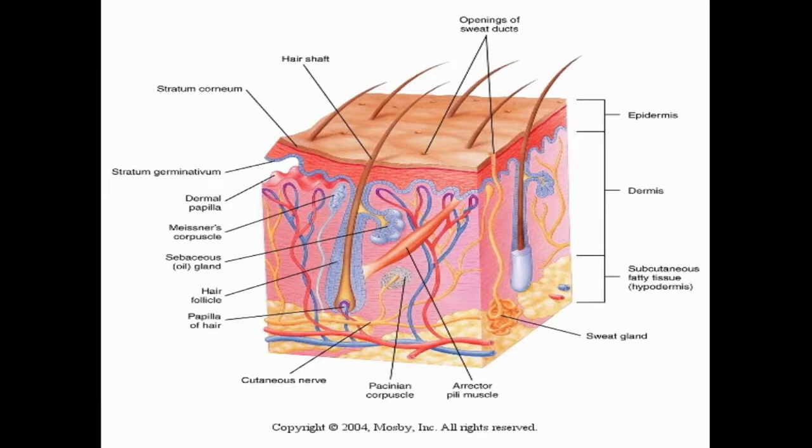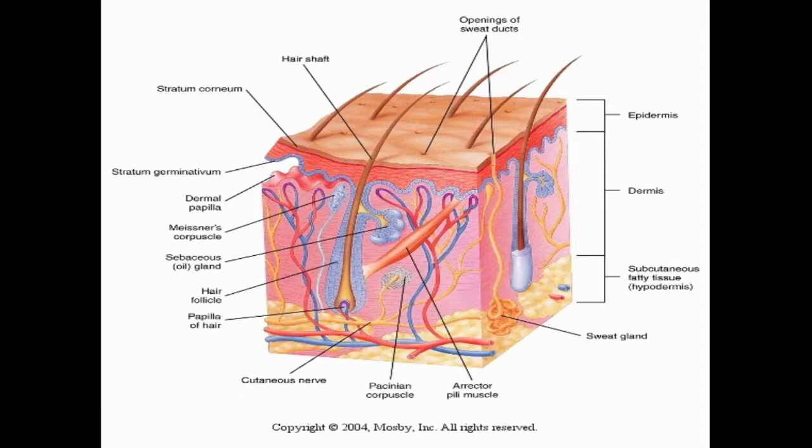So how many hairs actually stand up on your arm when you get scared? A lot, right? We have an erector pillae for every hair in our body. That is a small muscle. But believe it or not, that's not the smallest muscle in the body.